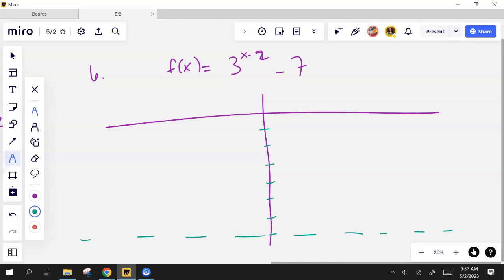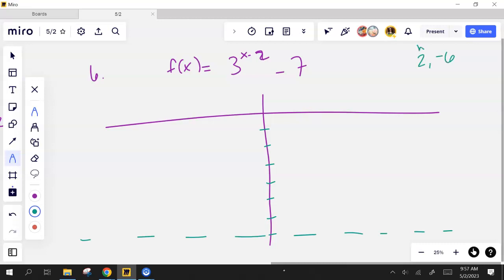It'll never touch the asymptote. Am I above the asymptote or below the asymptote for this one? Above. How do you know? It's positive. Look at you, BJ, I'm impressed. All right, give me a starting point, a good point on the graph I could use.